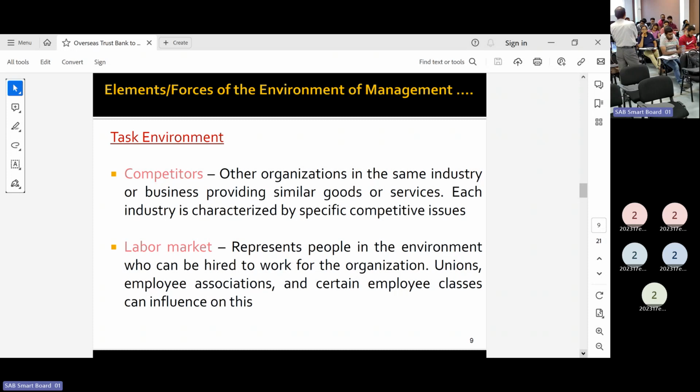Very politicized labor unions exist in different employee areas. Doctors have, nurses have, even lecturers have. Railway people have, CEB people have. All these come under the labor market in Sri Lanka.